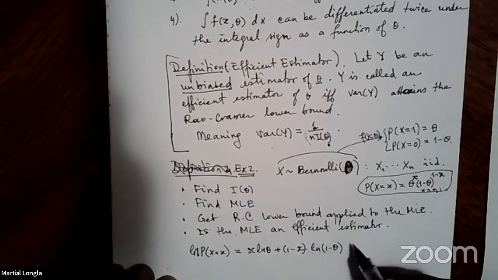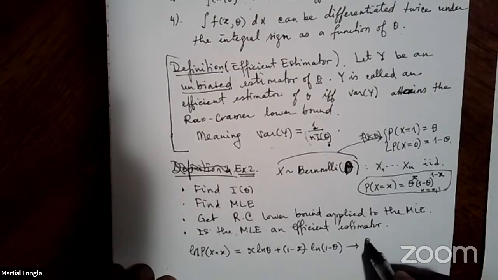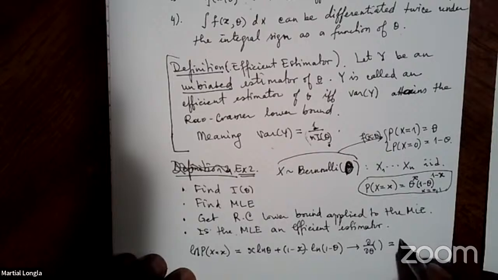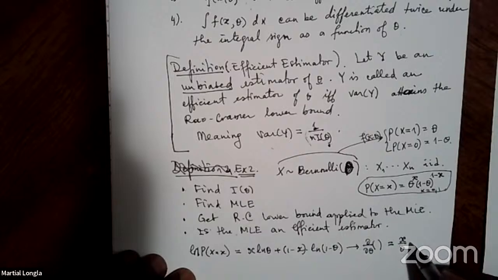Then we take the derivative, d over d theta of that. What is it equal to? That's x over theta minus 1 minus x over 1 minus theta.